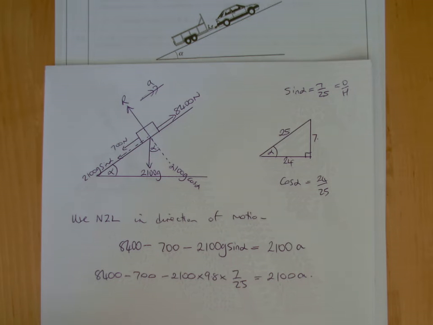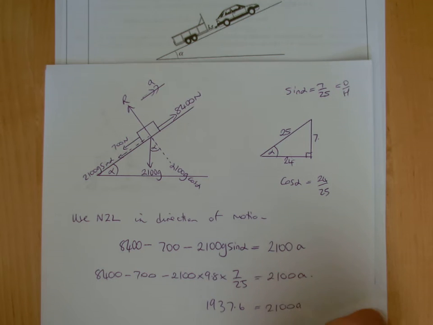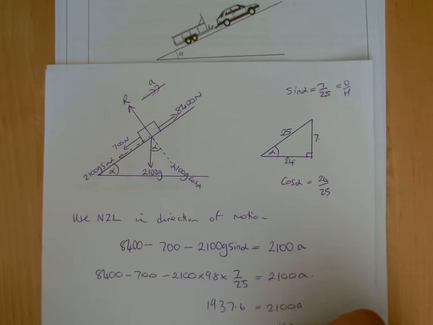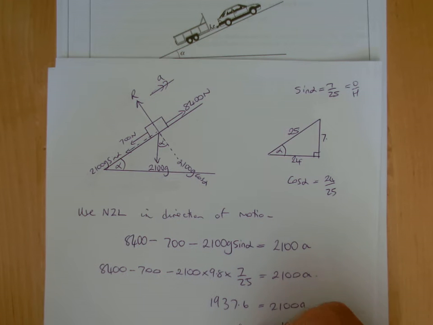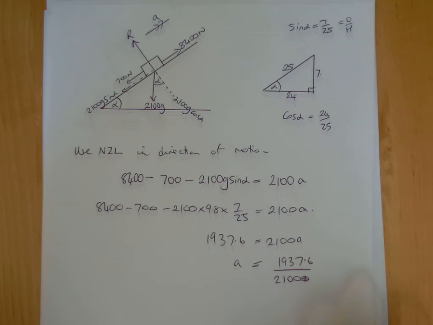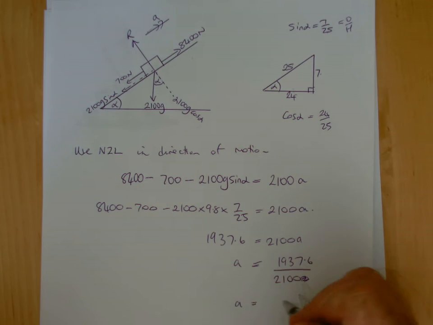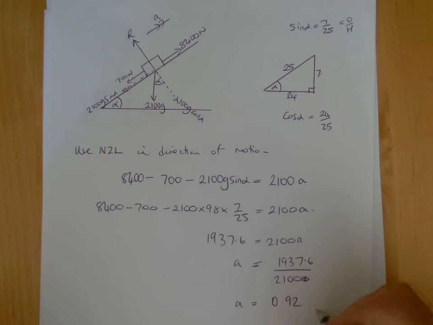So let's work out that left hand side. We got 1937.6 equals 2100a. So a will be 1937.6 divided by 2100. That works out to be 0.92.